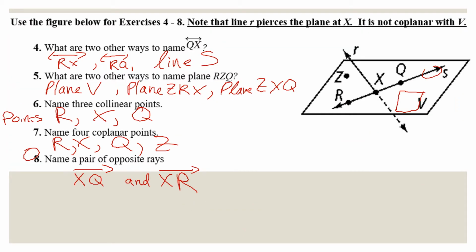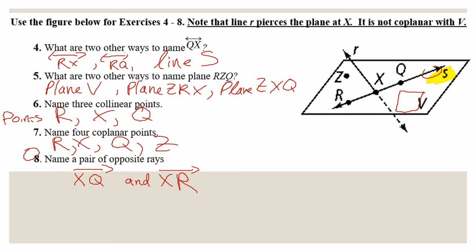Here are the answers to numbers 4 through 8. What are two other ways to name line QX? First of all, if you have been in class or listened to the notes, line S is a way to name line QX because that little lowercase letter is an example of the whole entire name of the line.